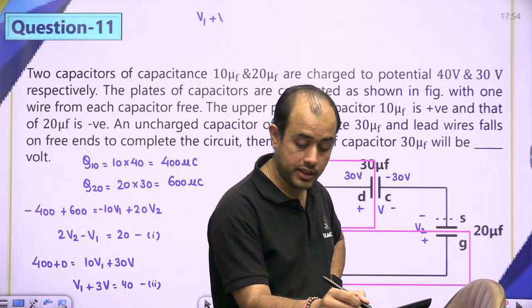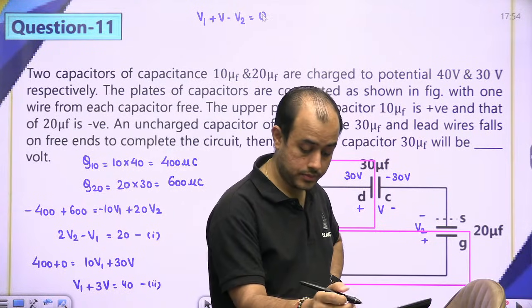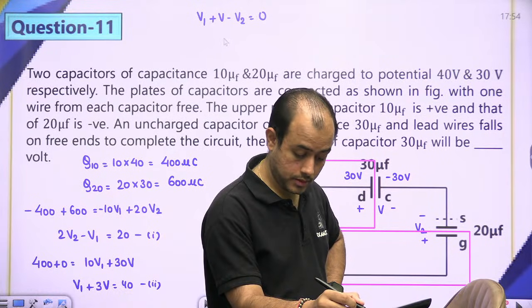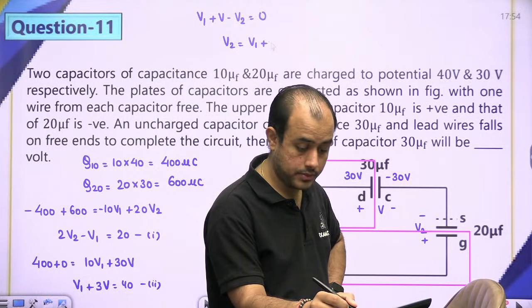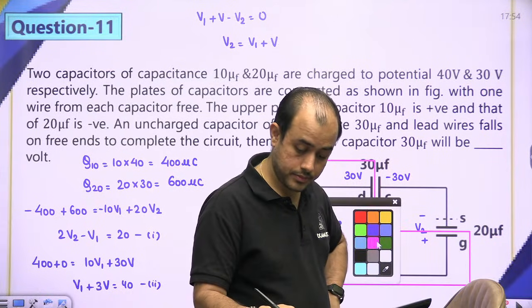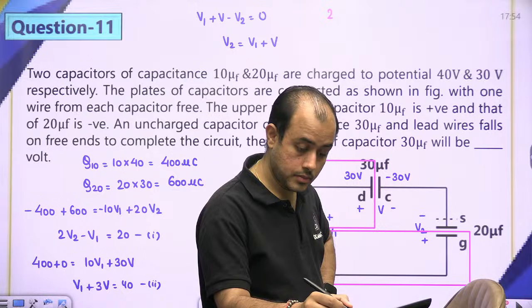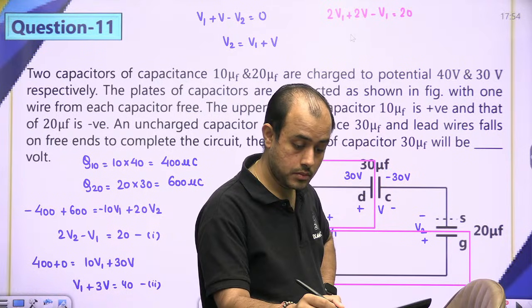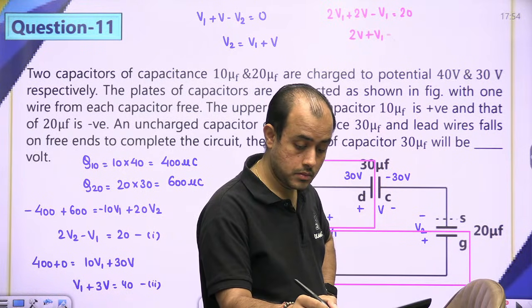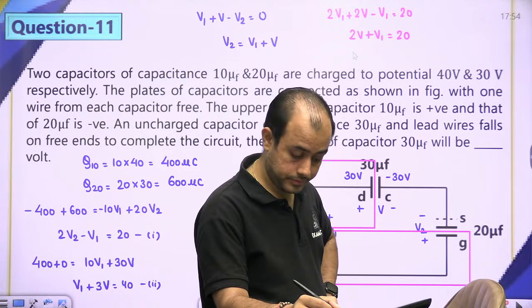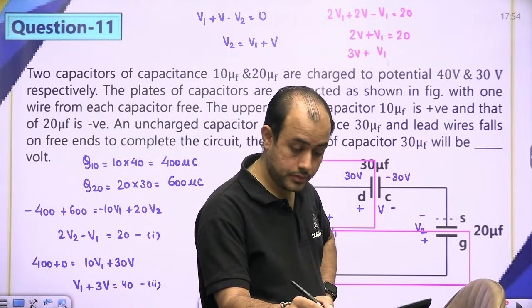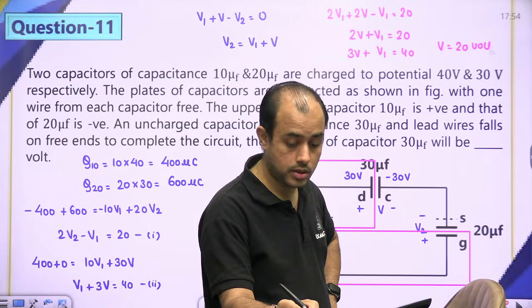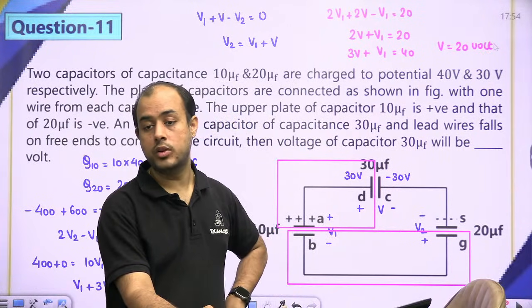V1 plus V minus V2 is 0. V2 is V1 plus V. If you subtract, V will come out as 20. So the answer should come out as 20 volt.